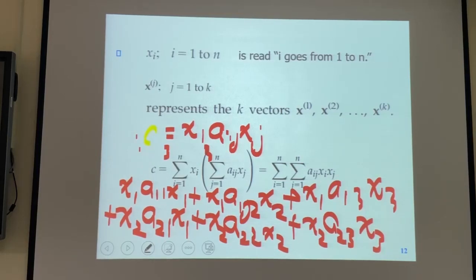Then we have the third one, because i from 1 to 3, z from 1 to 3: plus x3 A31 x1, again 1 1, 2 2, 3 3. So in total we have 9 elements. So this is Einstein's summation.